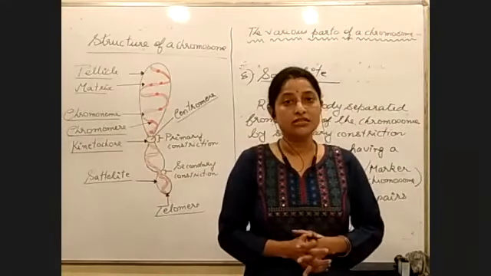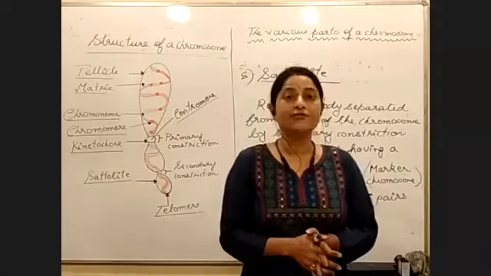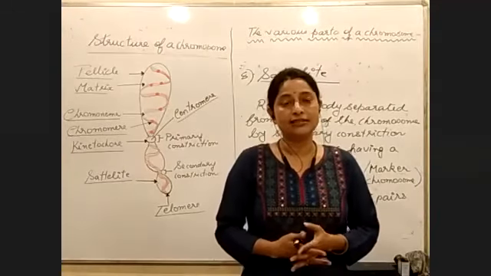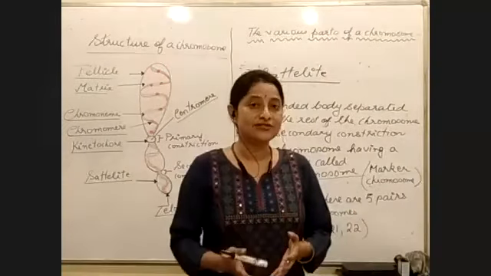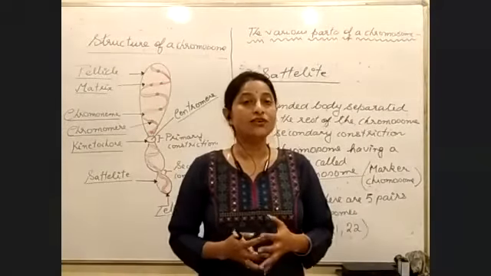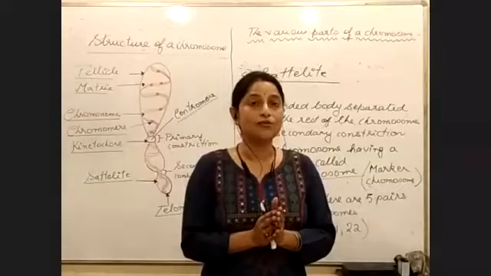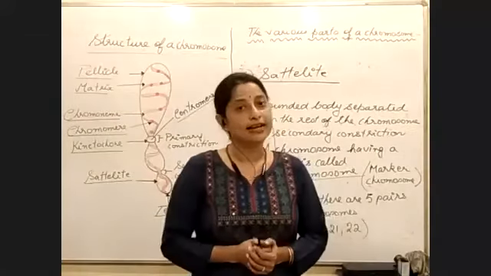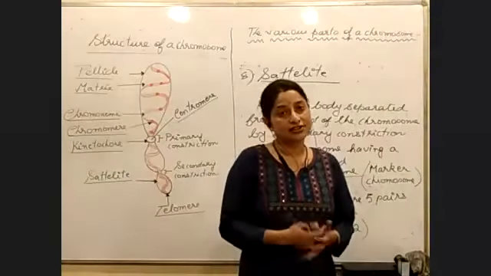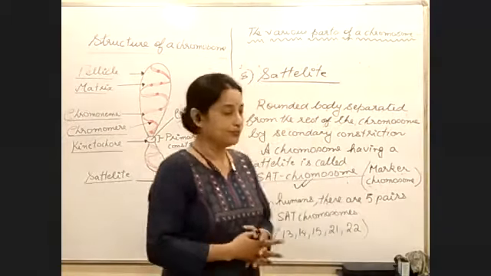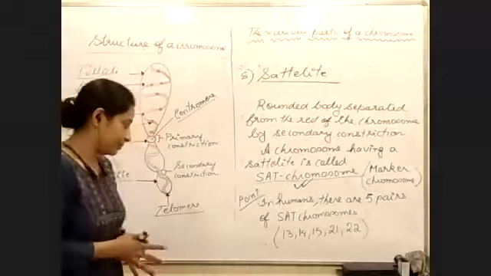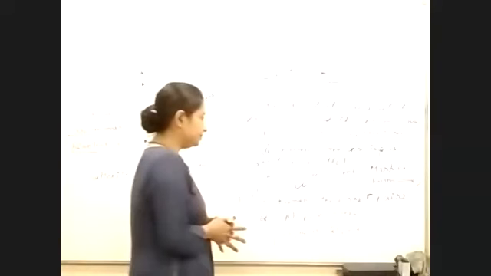No, because the genetic material remains in the form of chromatin, a network or thread-like structure that is called chromatin. During division, when it condenses, only then will we properly see the chromosome. Right? And as far as the structure is concerned, this is a brief idea about the structure of our chromosome. Is it clear?